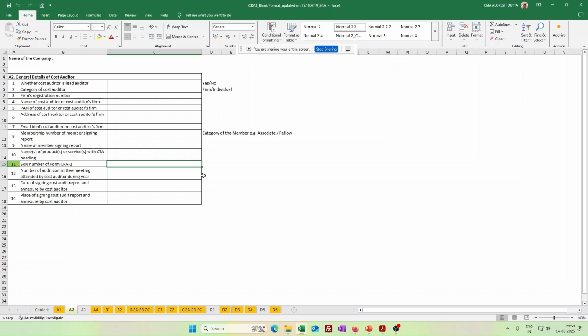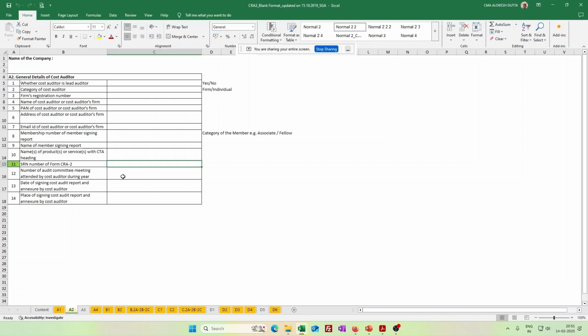So here this CRA 2 number has to be given. If you do not submit CRA 2 and conduct the audit, you cannot file the audit report, because the first and foremost thing is you have to file CRA 2 in time.